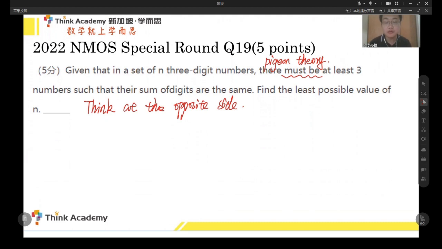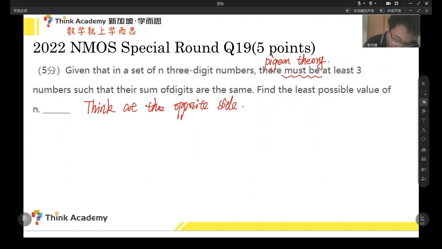So we think on the opposite side: at most, how many numbers can we choose to not have 3 numbers with the same sum of digits, right?